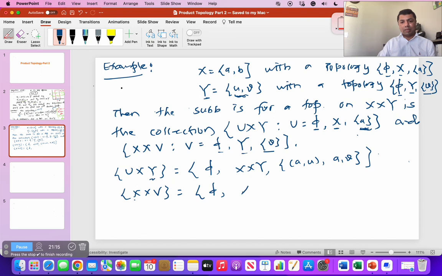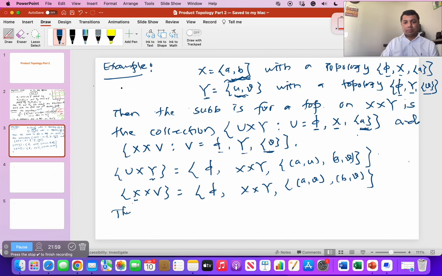The Cartesian product of X with Y is this set. Now you take the Cartesian product of X with {B}, where X has only two elements, A and B. So the Cartesian product of {A, B} with {B} is the set of ordered pairs (A, B) and (B, B).